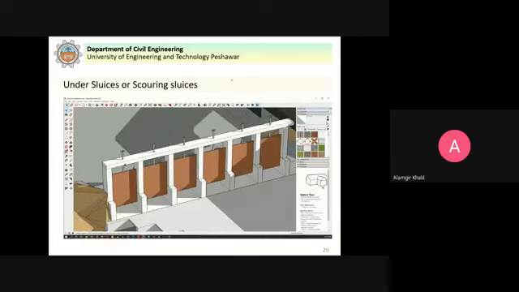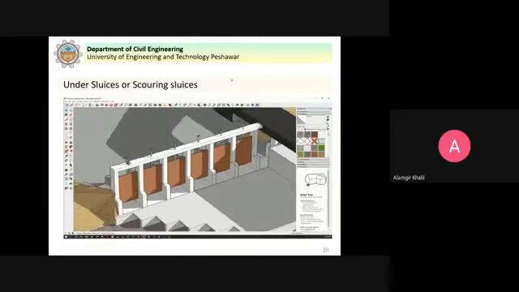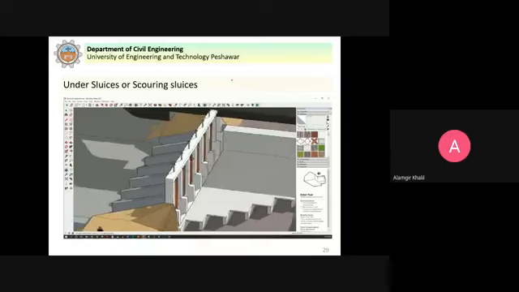These gates can be operated manually or through a motor. Mechanically, they can be lowered and raised.